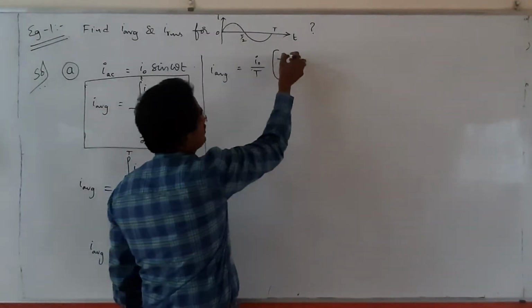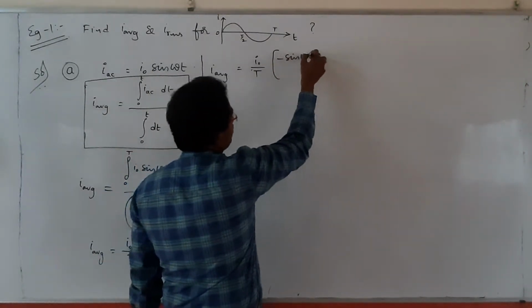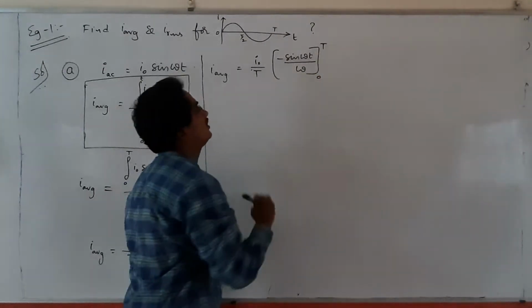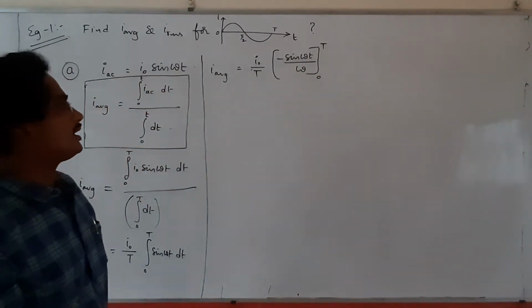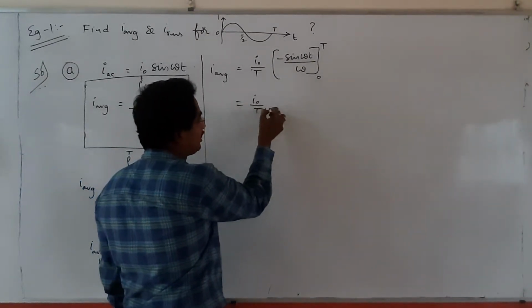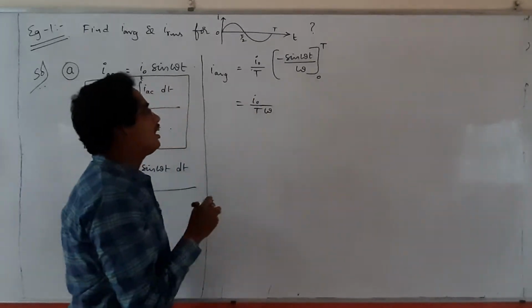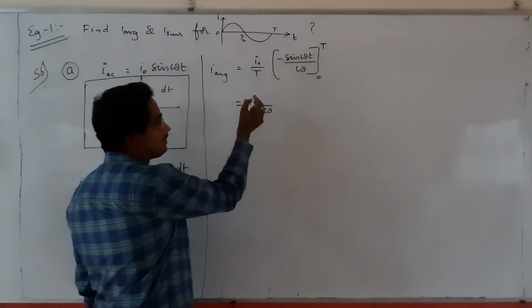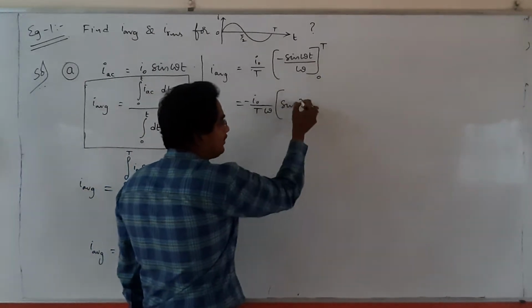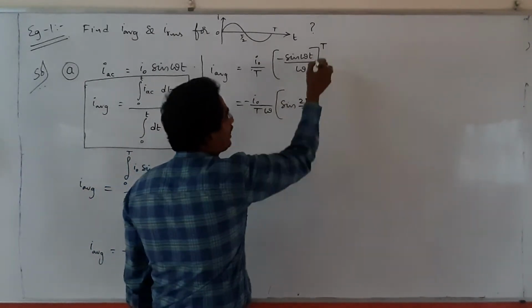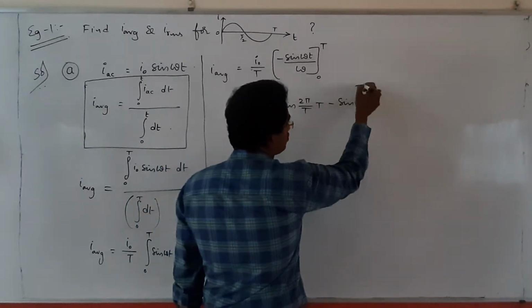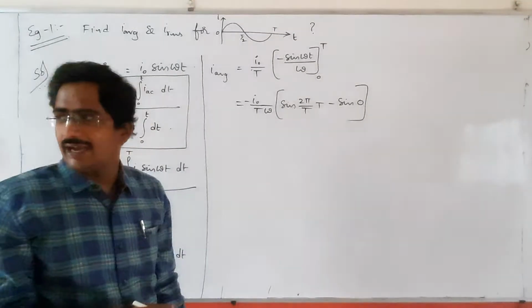So minus cos omega t by omega with the limits of 0 to T. So how much are we getting then? I naught by T omega with minus symbol outside. Sin omega means 2 pi by T into upper limit applied here, minus sin 0.